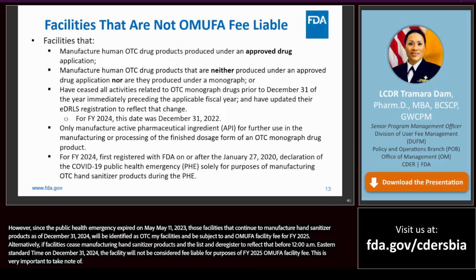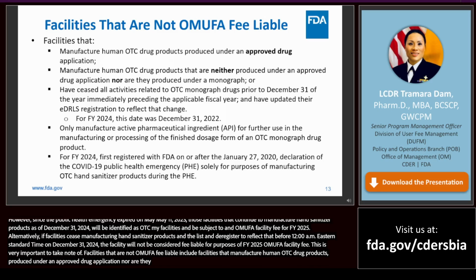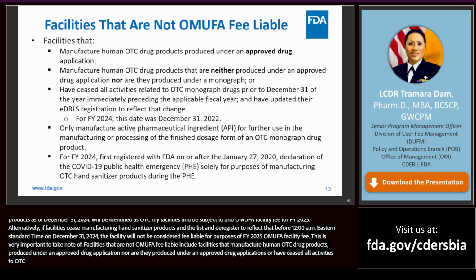Facilities that are not OMUFA fee liable include facilities that manufacture human OTC drug products produced under an approved drug application, or that are neither produced under an approved drug application nor produced under a monograph, or have ceased all activities related to OTC monograph drugs prior to December 31st of the year immediately preceding the applicable fiscal year, and have updated their EDRLIS registration to reflect that change.